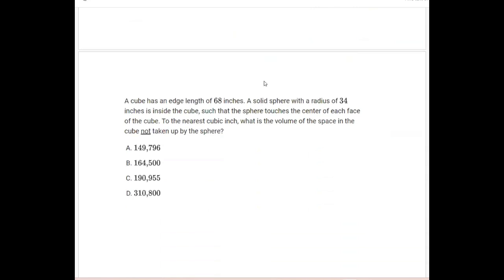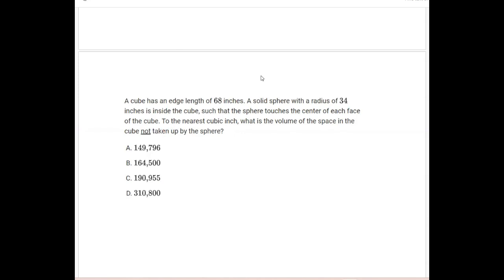A cube has an edge length of 68 inches. A solid sphere with a radius of 34 inches is inside the cube, such that the sphere touches the center of each face of the cube. To the nearest cubic inch, what is the volume of the space in the cube not taken up by the sphere?